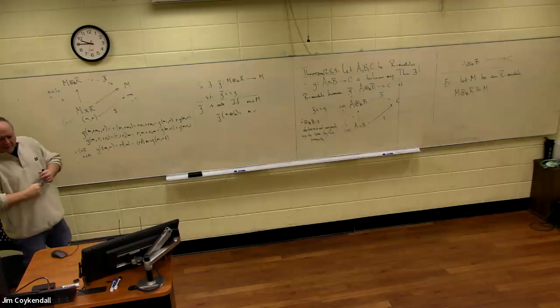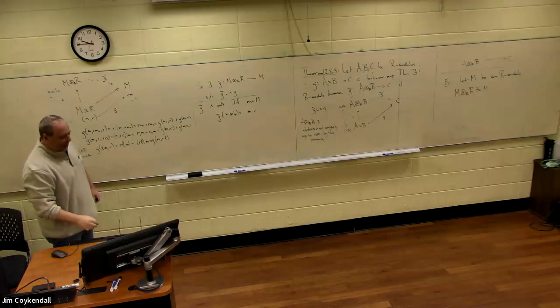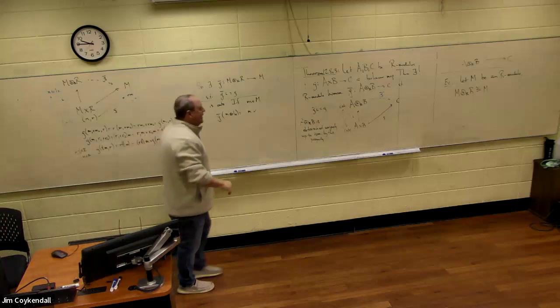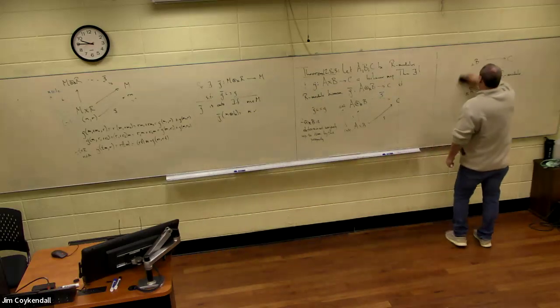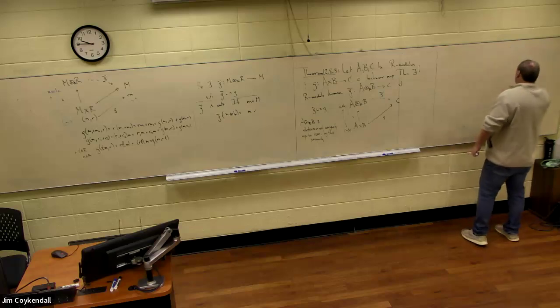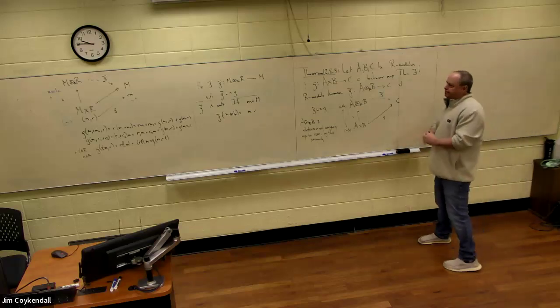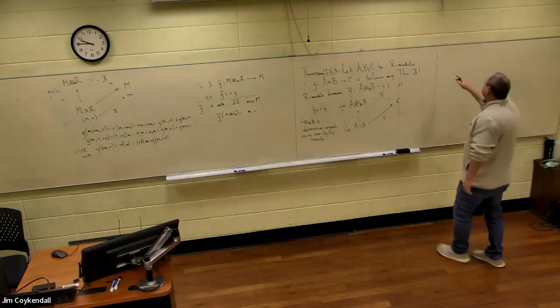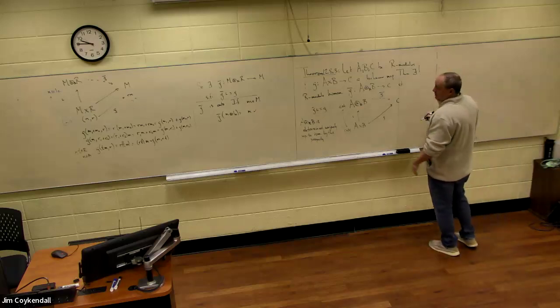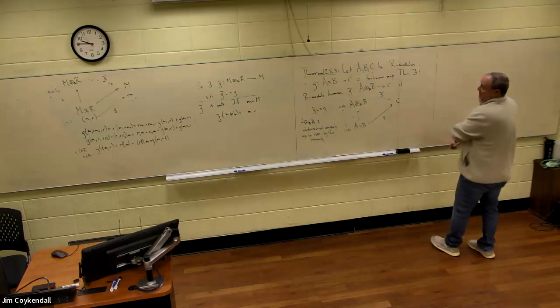The one-to-one is a little bit more delicate, but it's not too bad, and we're greatly aided by the fact that in this particular tensor product, you can write everything as one times a tensor.